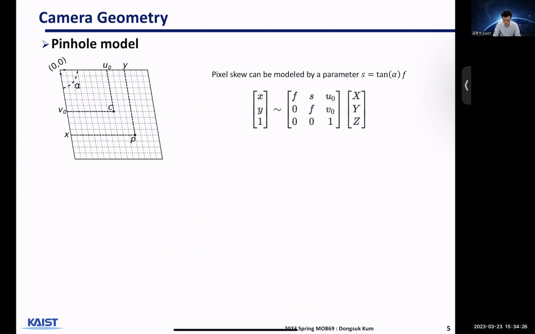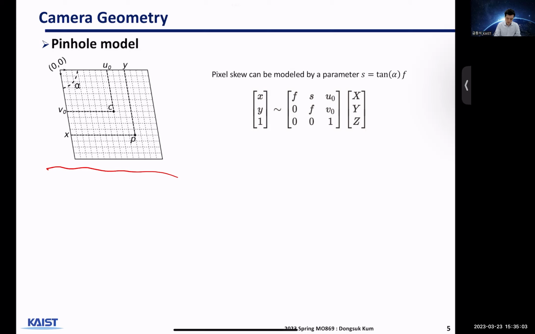We have other parameters because the camera sensor may not be perfect. There may be some skewness. For instance, if the image plane was skewed so that it looks something like this, then we need to take these things into account when it comes to intrinsic parameters.